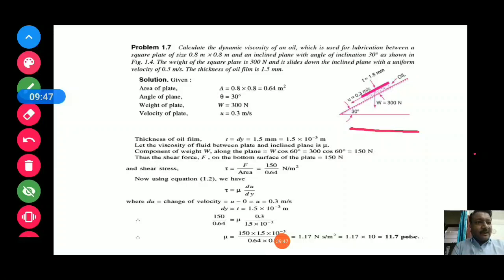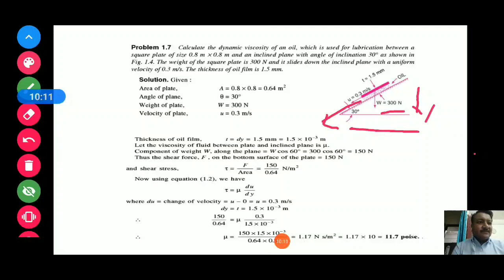The plate velocity is 0.3 meter per second, and the weight of the plate is given, acting in the downward direction, that is 300 Newton.